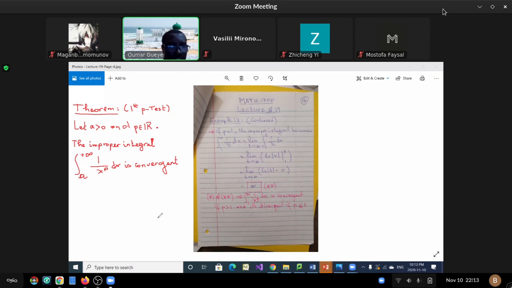We already know the definition of convergent means if you calculate it, it's going to be a real number. So such integral is convergent if p is greater or equal to 1.